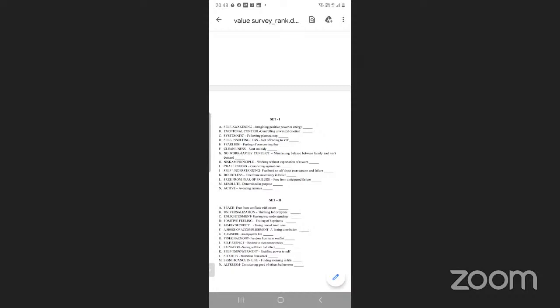Sir, we have to prepare only for set 1 or set 2 also? Set 2 also. Set 1 and set 2.